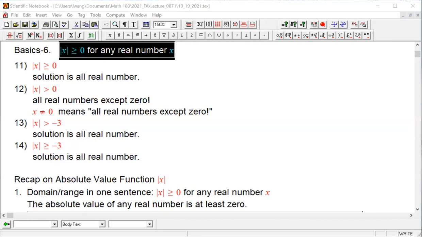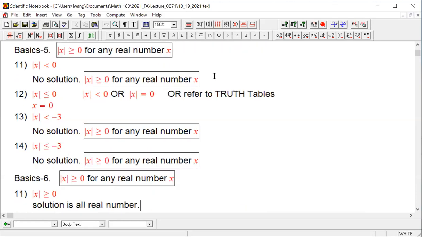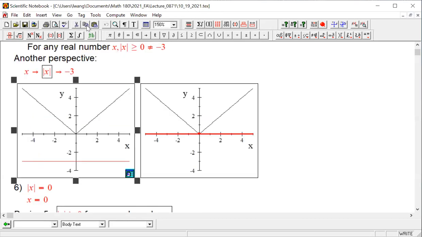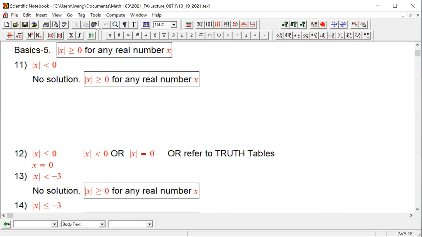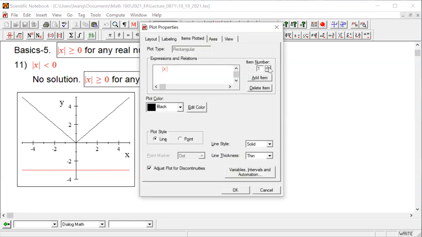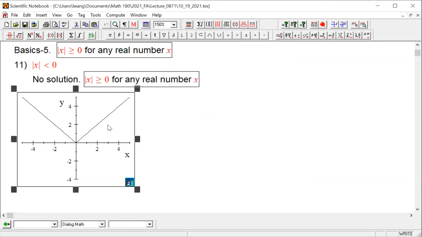Can you show the graph for 11, basic 5? That's the absolute value of x less than 0.